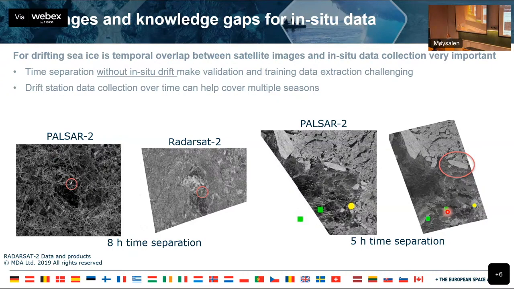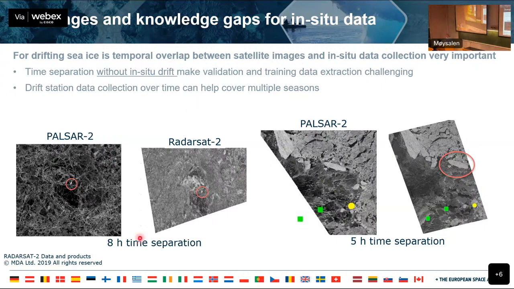It also makes it challenging to derive good training and validation data for machine learning methods, because we need to align the data first. But there have been drift stations, starting with the Russian drift stations back in the 60s and 70s, possibly earlier, and also NICE and MOSAiC and others who have drifted with the ice, and then we have really good drift information, of course.